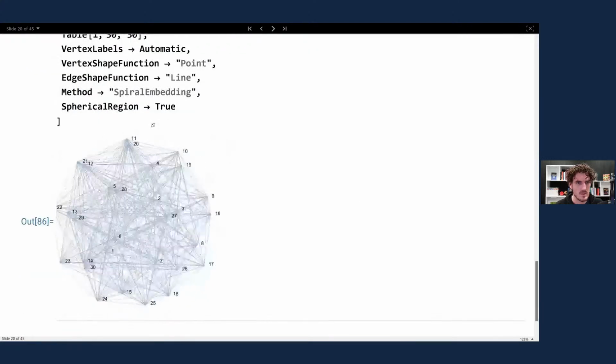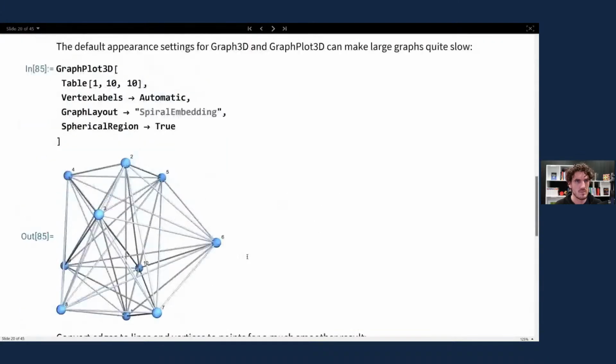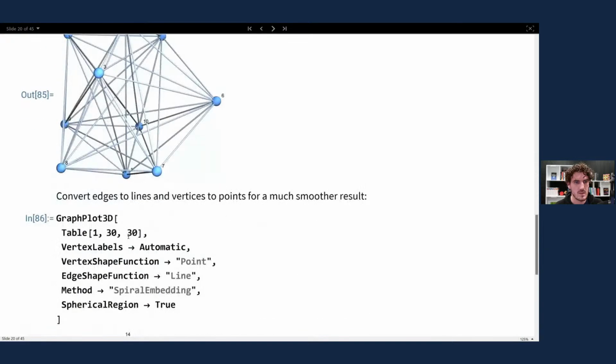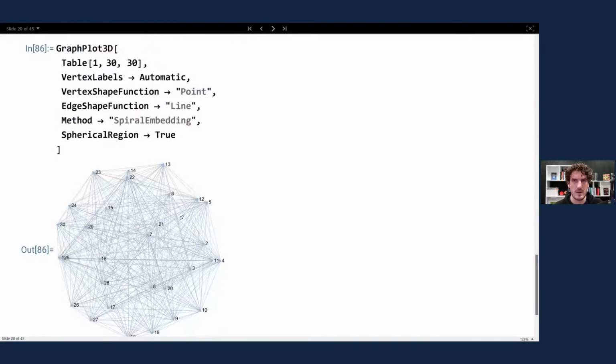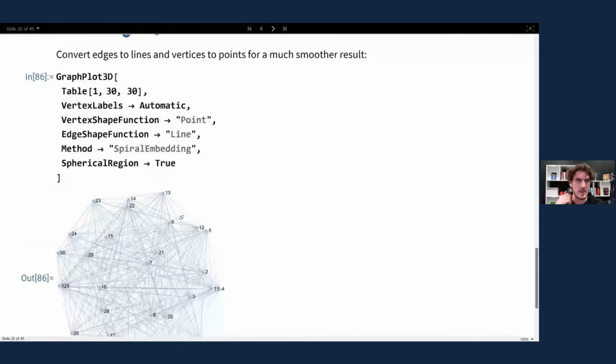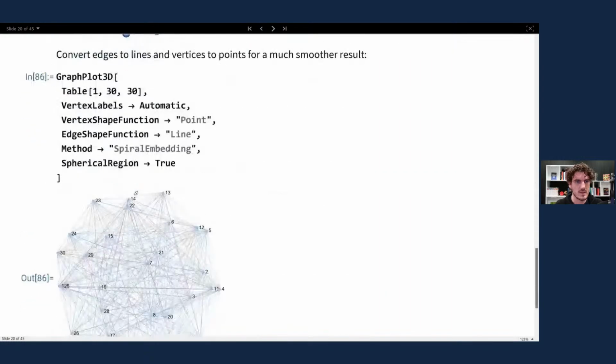Okay. Yes, because these have slightly different options. This is a much larger graph, so it makes sense to make the vertices points and the edges lines instead of this.